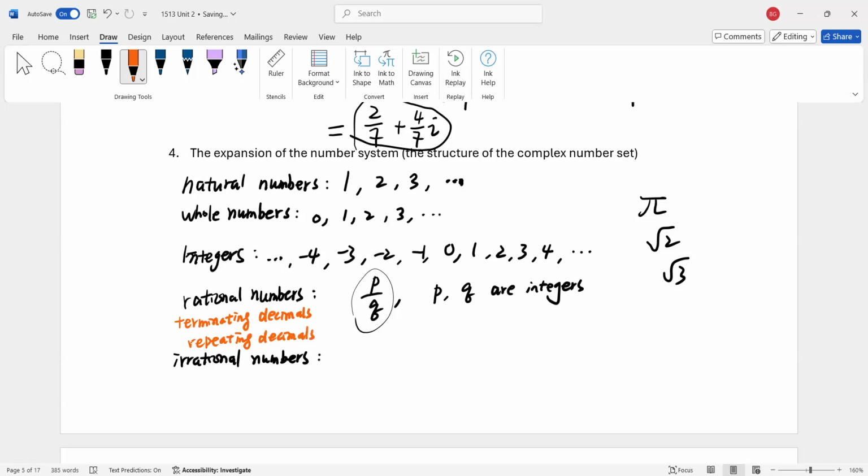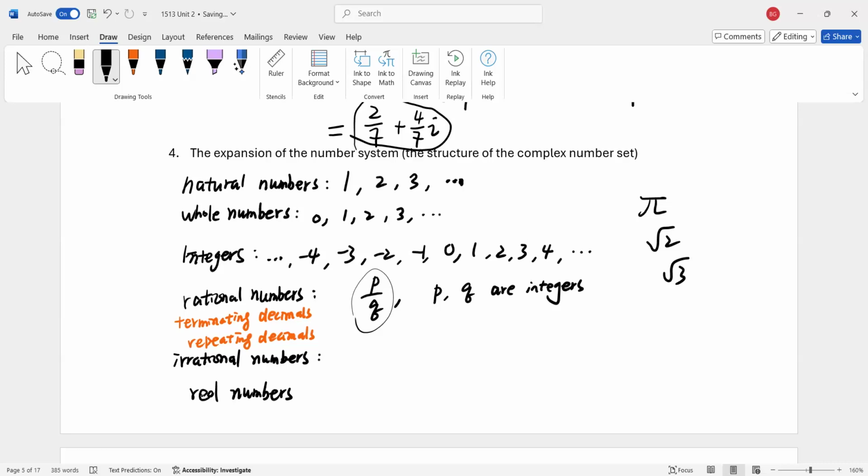But irrational numbers don't work like that. Irrational numbers are like crazy. The digits to the right of the decimal point continue forever, never stop, and there's no pattern. Those numbers are called irrational. And the rational numbers and the irrational numbers together make the real number set.